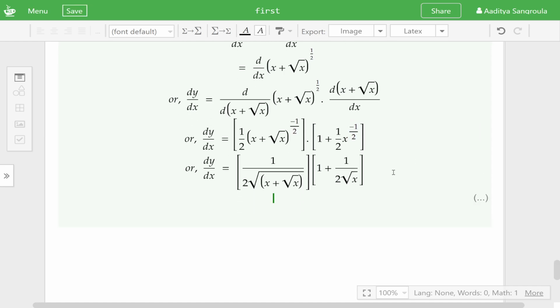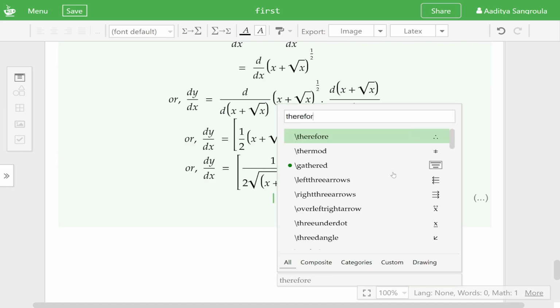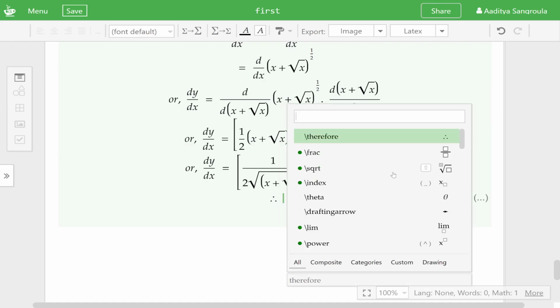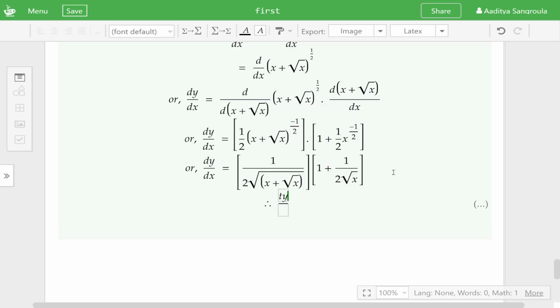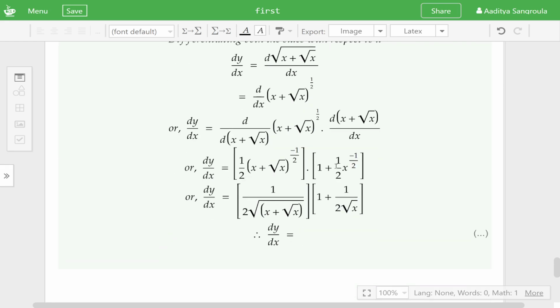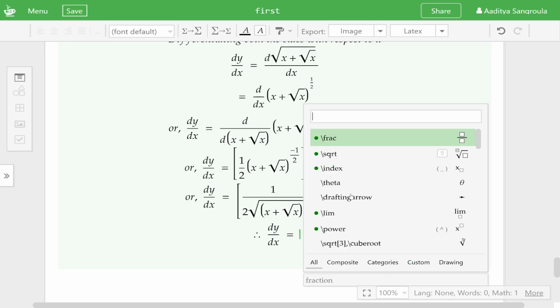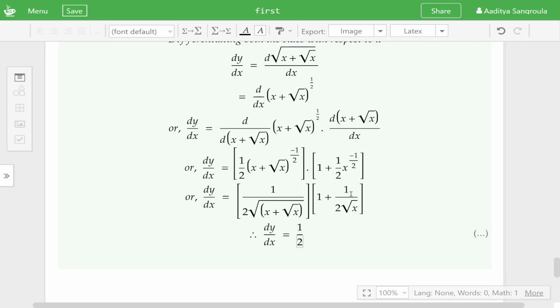And then we can say, therefore, dy over dx is equal to 1/2, and this thing right here, what is it?